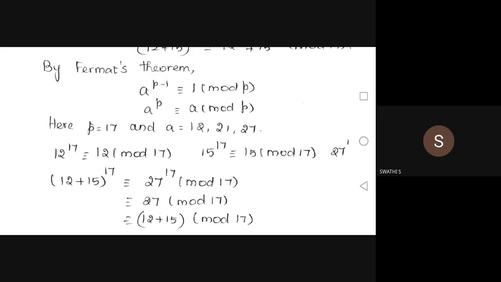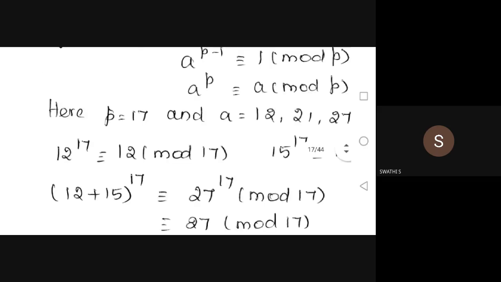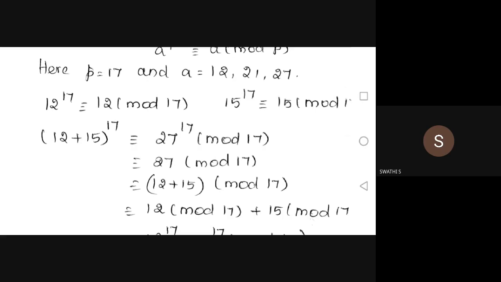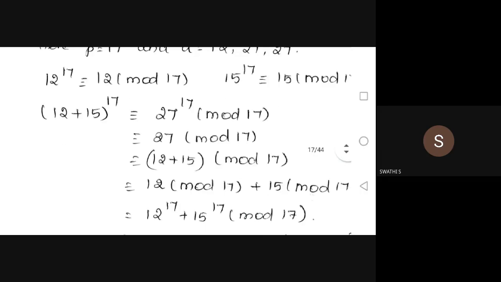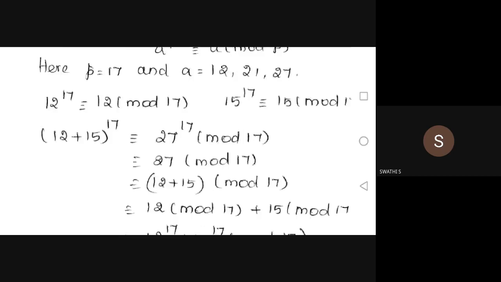Actually, 12 is congruent to 12 power 17 and 15 is congruent to 15 power 17. In the next step, mod can be applied separately term wise: 12 mod 17 plus 15 mod 17. Then 12 mod 17 can be written as 12 power 17, since 12 is congruent to 12 power 17.